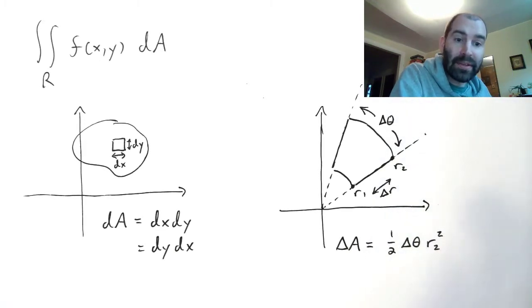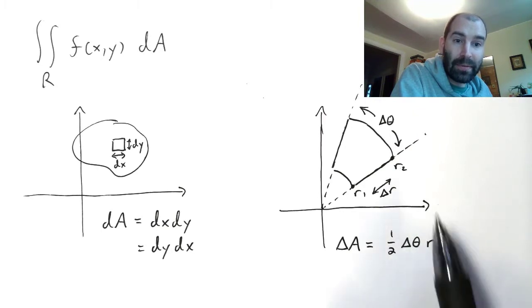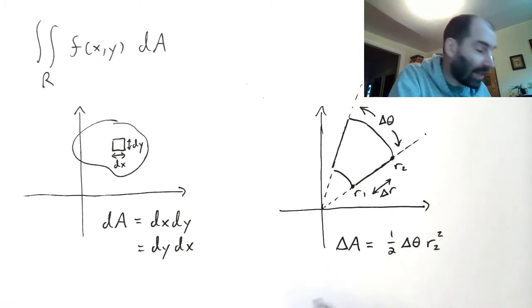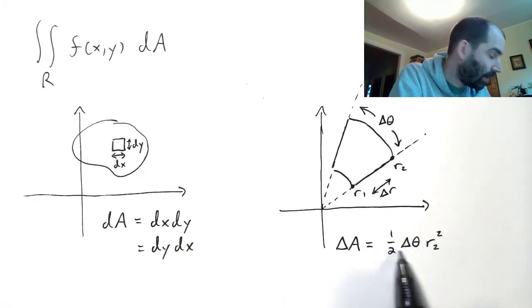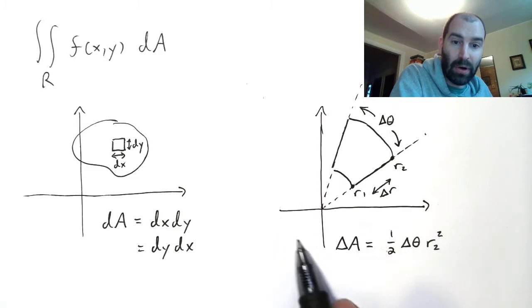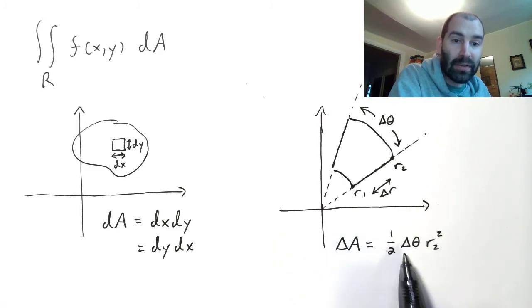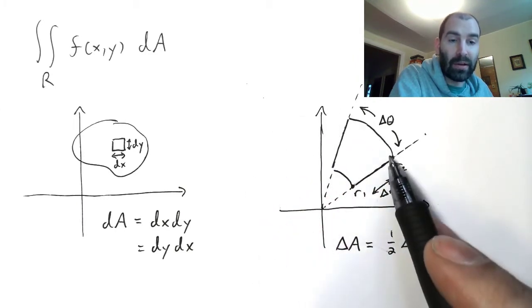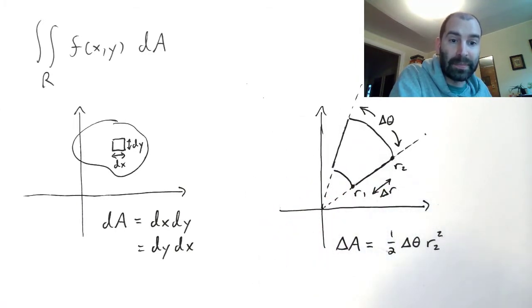And if you think about it, this makes sense. The area of a whole circle is pi r squared. That's what I would get if I plugged 2 pi in for delta theta, because 2 pi is going all the way around the whole circle. If I plug in 2 pi for theta, this becomes pi r2 squared, the area of that larger external circle.